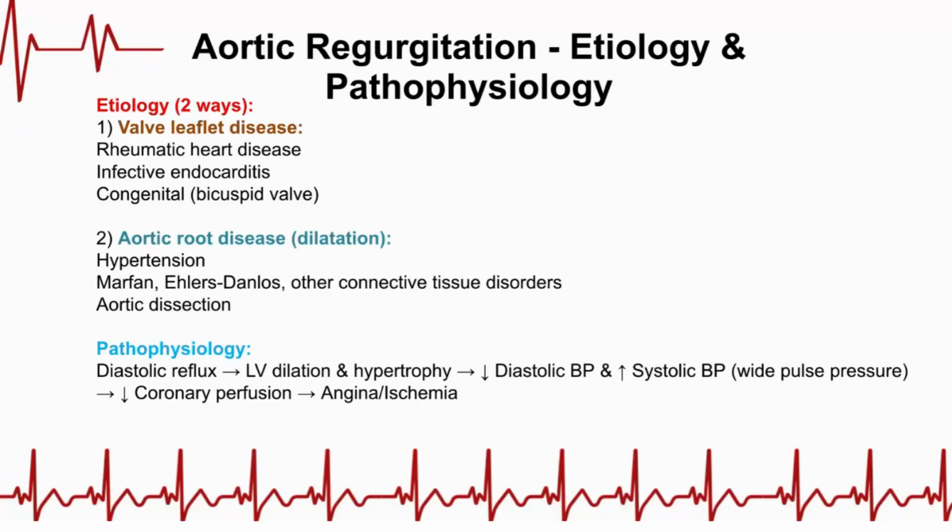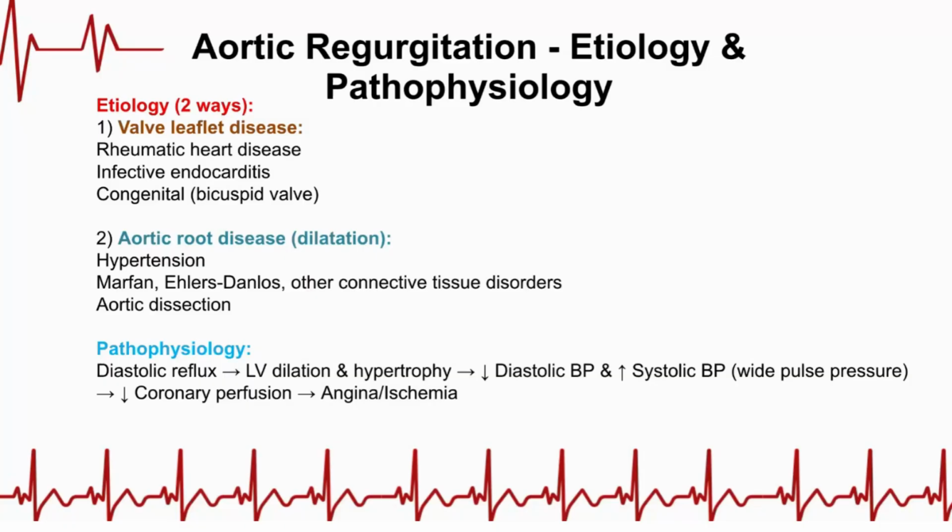So people with Marfan's, Ehlers-Danlos, and other connective tissue disorders could also have this. I've also added in aortic dissection, which is a proper vascular emergency. Aortic regurgitation predisposes that person to aortic dissection far more than other disorders.